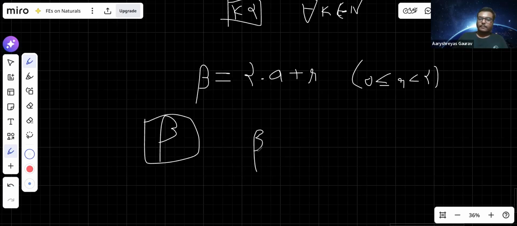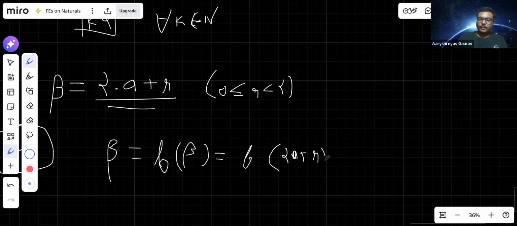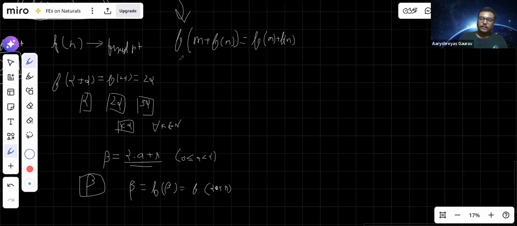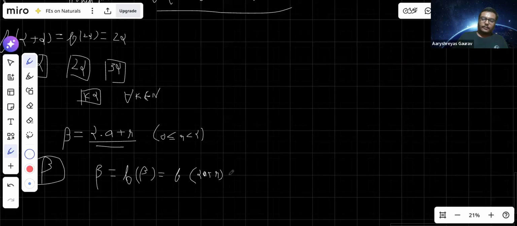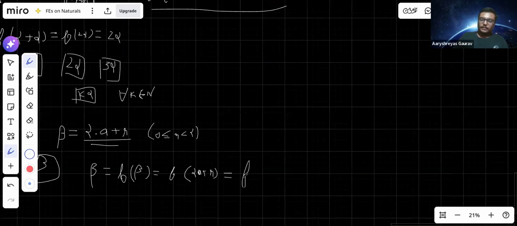This means beta can be written as f of beta. And since I have a nice expanded form of beta, why not use it? We will get a alpha plus r. Since I know a alpha is also a fixed point, I can write it as f of a alpha plus r.